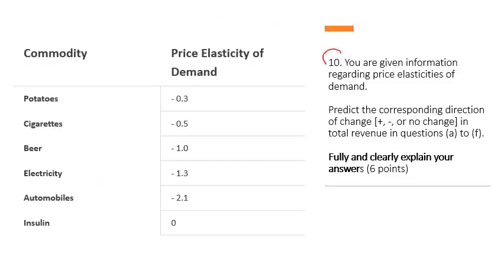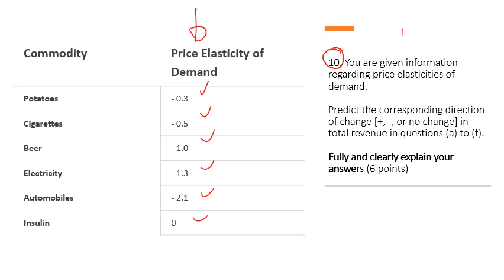Question 10 reads, you are given information regarding price elasticities of demand, and here they are, 1, 2, 3, 4, 5, and 6. And the task at hand is to predict the corresponding direction of change, plus, minus, or no change, in total revenue.